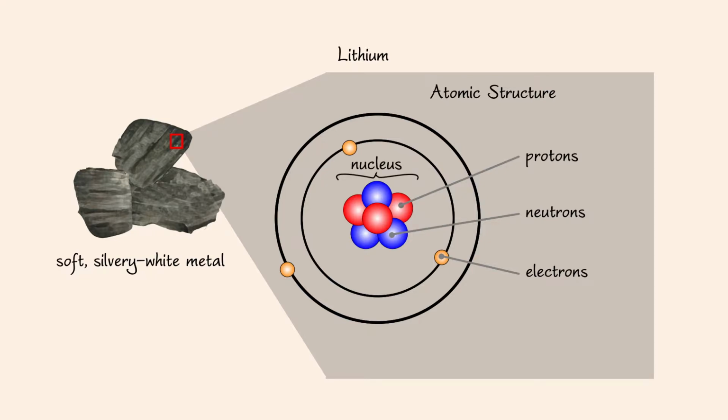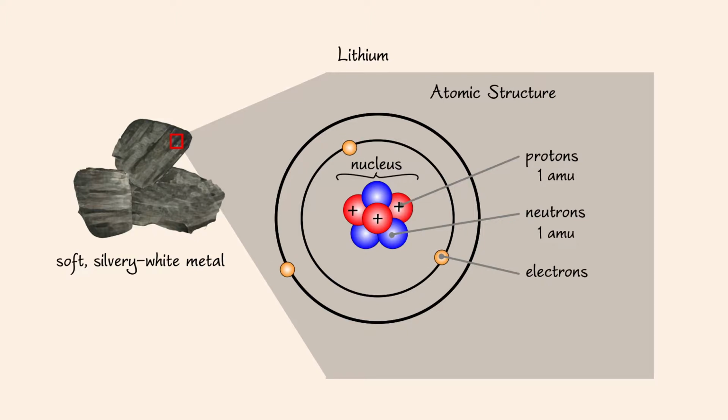The proton has a positive 1 charge and mass of 1 atomic mass unit, or AMU for short. AMU is another unit used to measure mass. The neutron is neutral and has a mass of 1 AMU. Electrons are located in the electron shells that circumscribe the atomic nucleus.